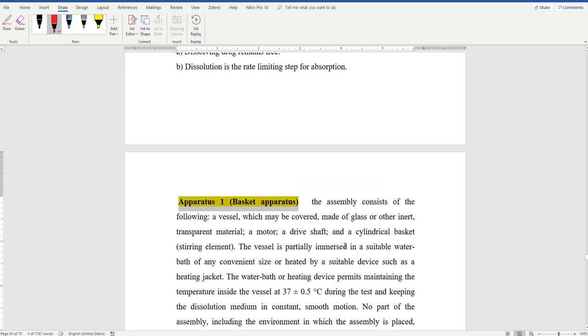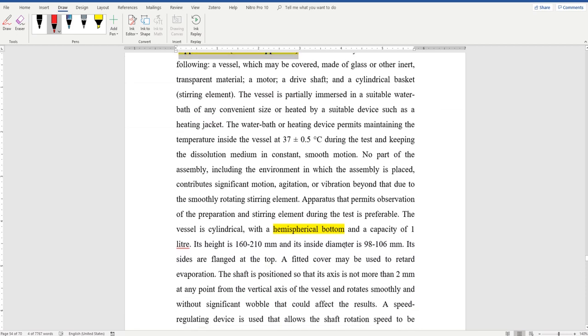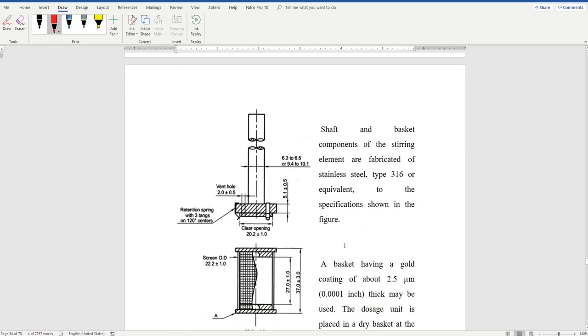Later you will see apparatus 2 اللي هو pedal apparatus, and apparatus 2 is preferred in the United States pharmacopoeia. Okay, let's look at the assembly.